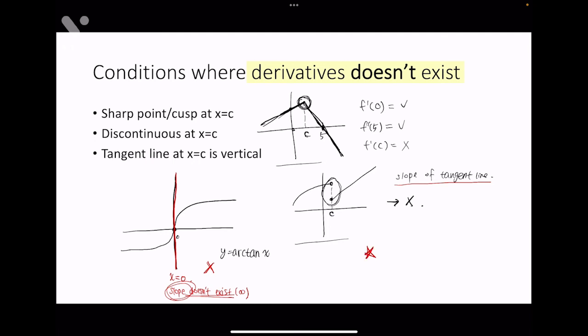You should remember one important thing here. If a function is discontinuous, then it is not differentiable. But it doesn't mean that if a function is continuous, it's differentiable.